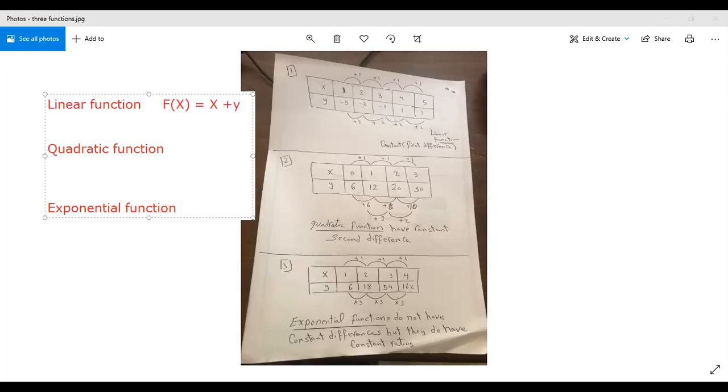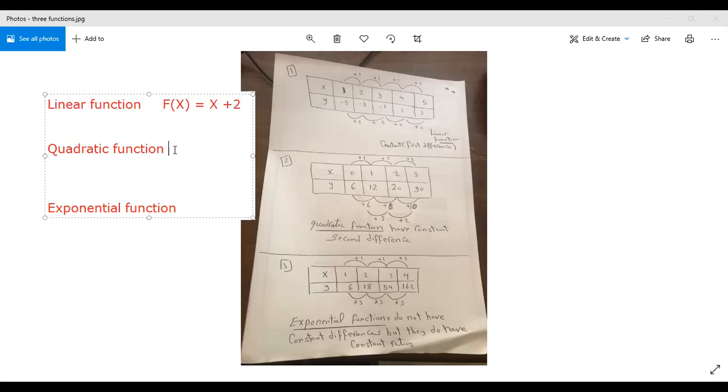So this is a linear function, right? Because the exponent here is how many? The highest exponent, if you have f of x equal x plus 2, whatever, the exponent here is 1, okay?